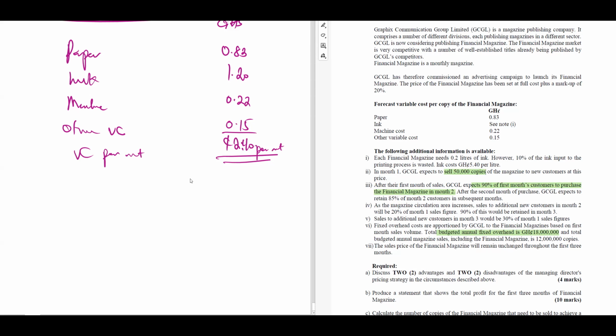And are they going to sell the financial magazine based on the question? Are they going to sell it for the whole year? Because we have a budgeted annual fixed overhead. So that means our total variable cost would have been what? Total annual magazine sales.